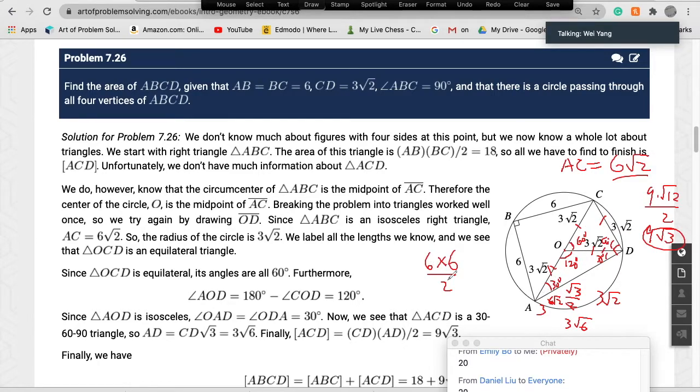Then you add 18, that's for triangle ABC. Then you get 18 plus 9 root 3. This is the area of quadrilateral ABCD, right? So time is up, we can stop here. Your homework will be all the exercise problems behind these two sections.